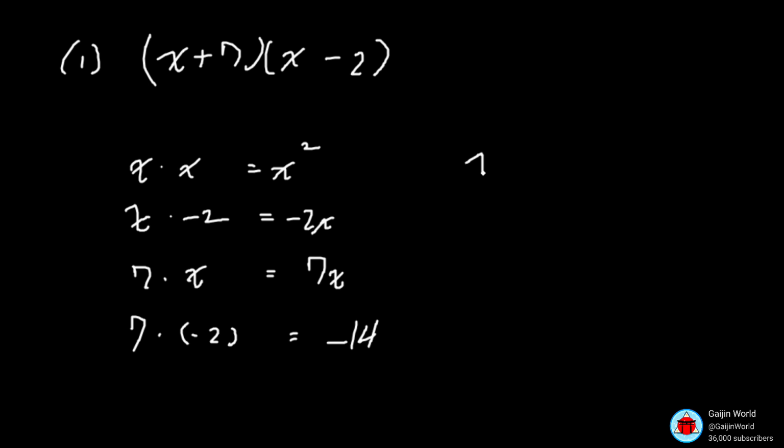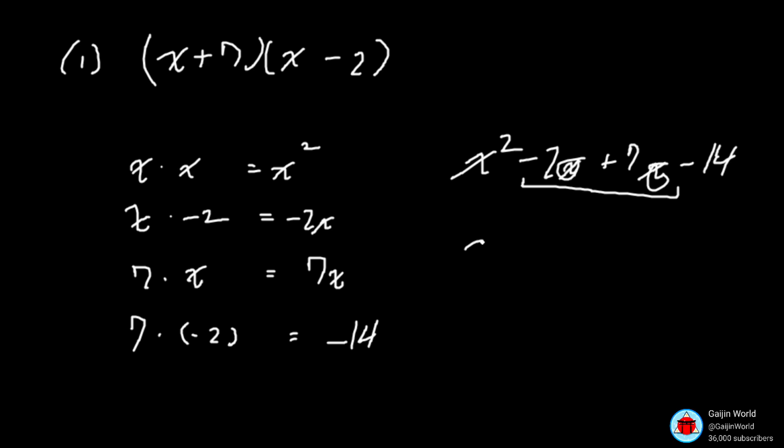So, you line them up, right? You line them like this. Then you do this because it has the same last letter. So now you get x squared plus 5x minus 14.